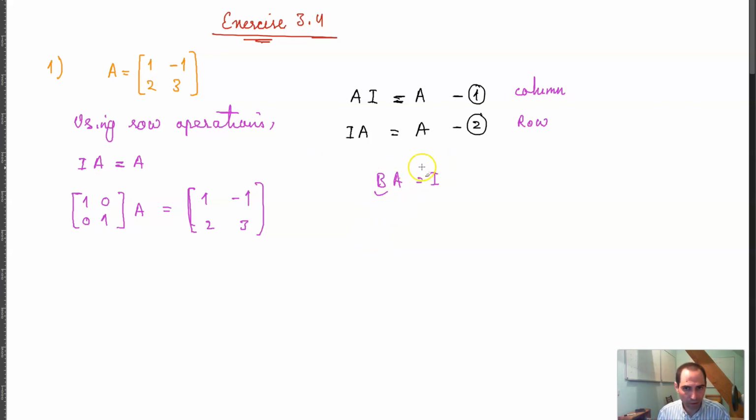So that means that this matrix here has to practically become I. So what sort of row operation do I do so that this matrix becomes a 0, this remains a 1, this becomes a 0, and this becomes a 1, right?